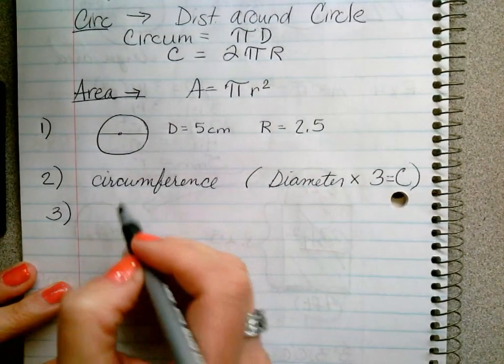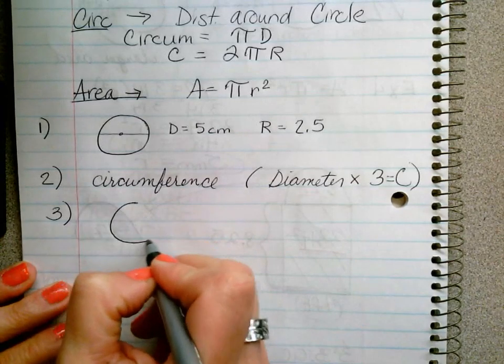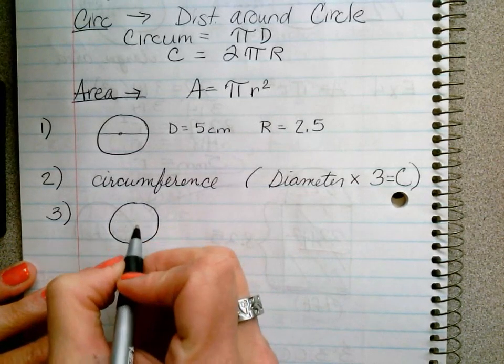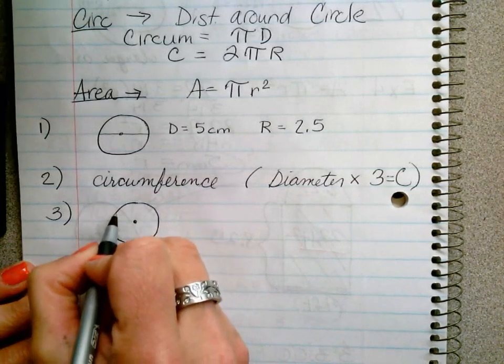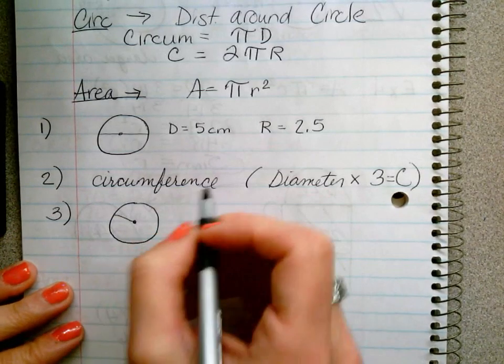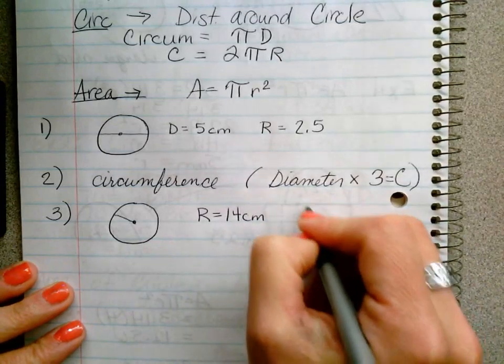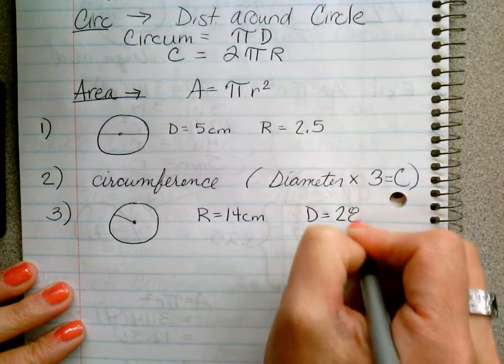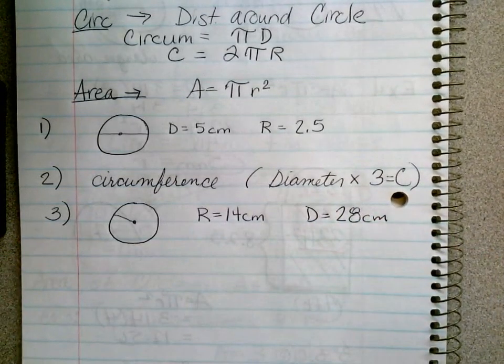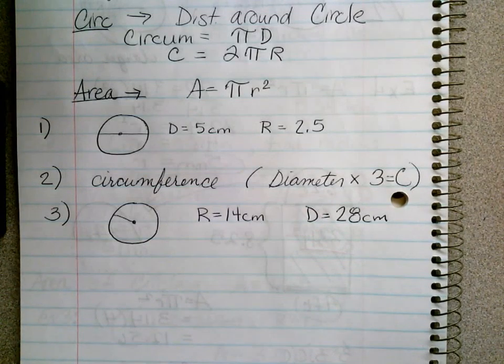Let's do number 3. Find the circumference and area of this circle. So they give me a radius of 14 centimeters. I might as well say my diameter is 28, right? Circumference is pi times diameter, right?